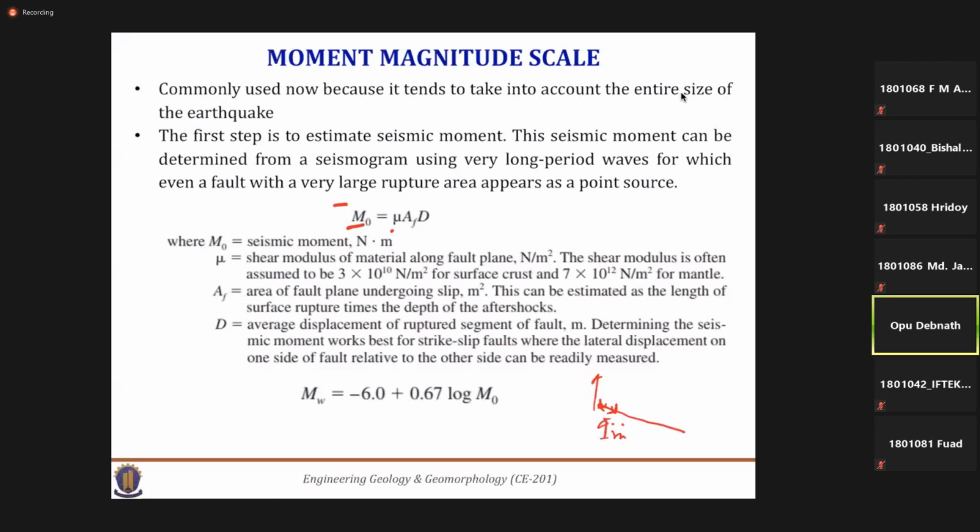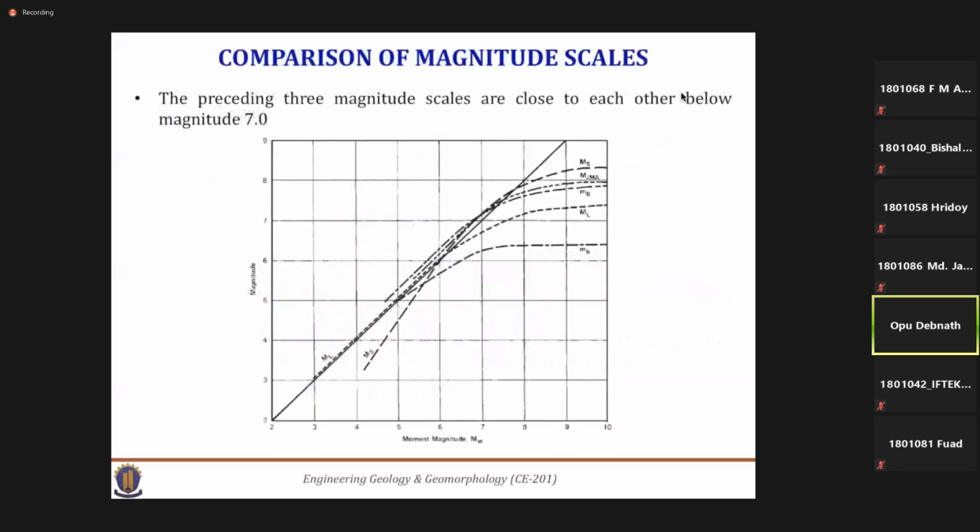That means in the observed area, this is the average strike slip displacement. So along with all this data, the magnitude is calculated in the moment magnitude scale. And now, comparison of these magnitude scales.